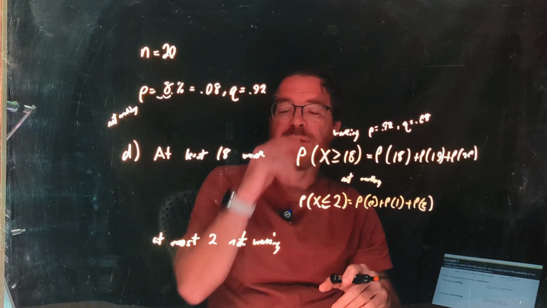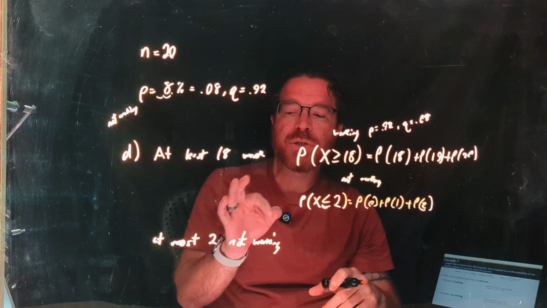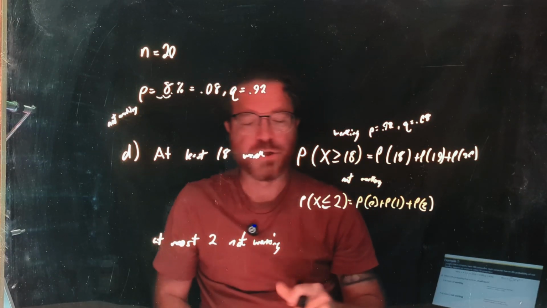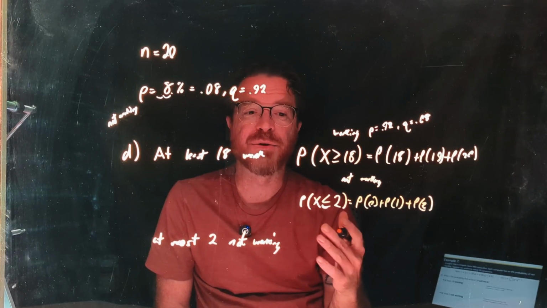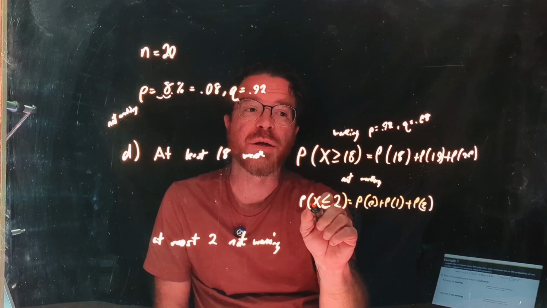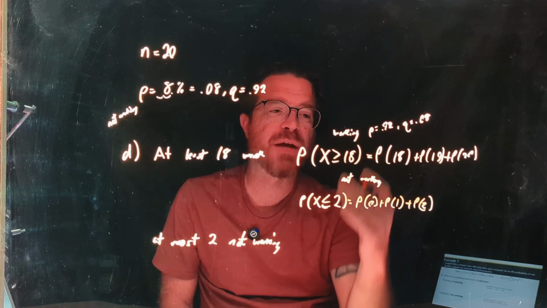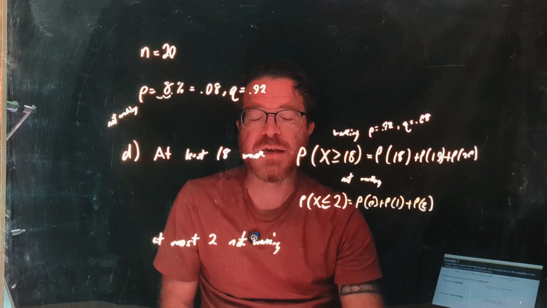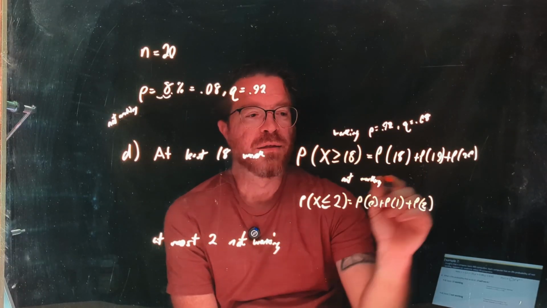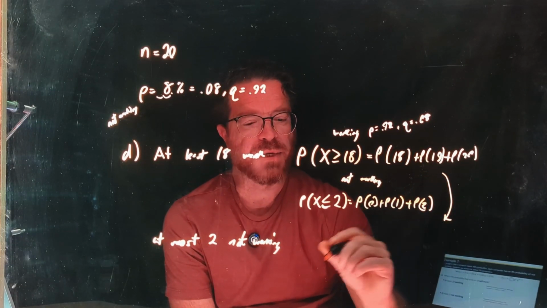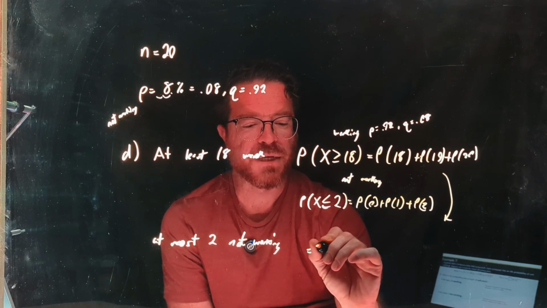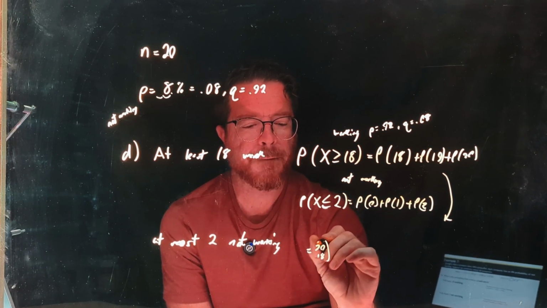The second part of the problem is, what is the probability at most 2 are not working? So at most means less than or equal to 2. That's this one. And of course, like we said, these will actually be the exact same conditions, right? If I plug these two sets of values into my binomial, let's do this first one. It's going to be, probability of 18 is going to be 20 choose 18.